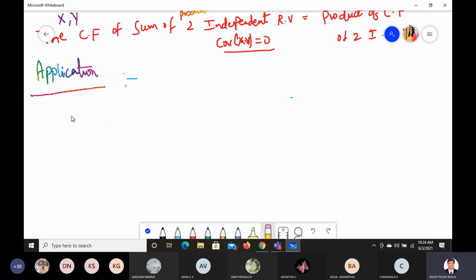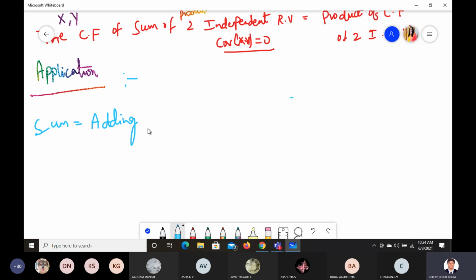Okay, so what we are trying to see is the application of the sum of independent random variables. Correct? Sum means what? It's actually adding. Sum is nothing but adding.